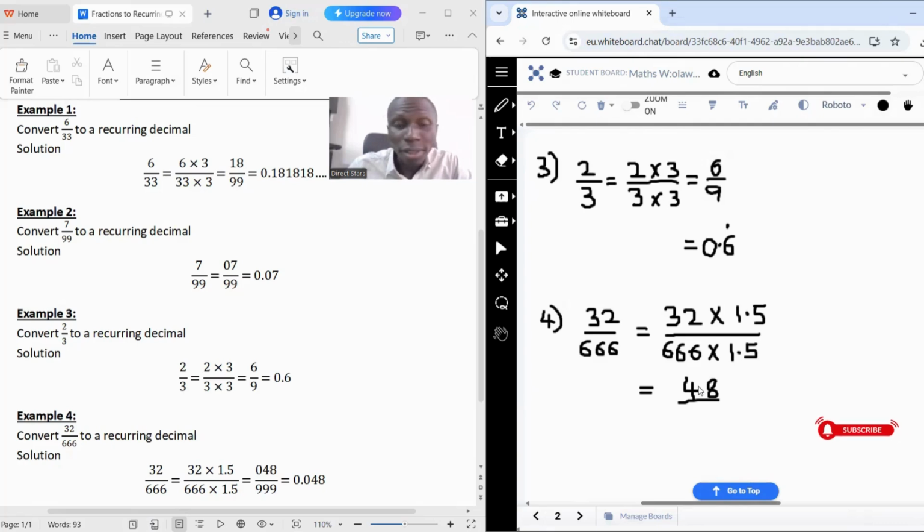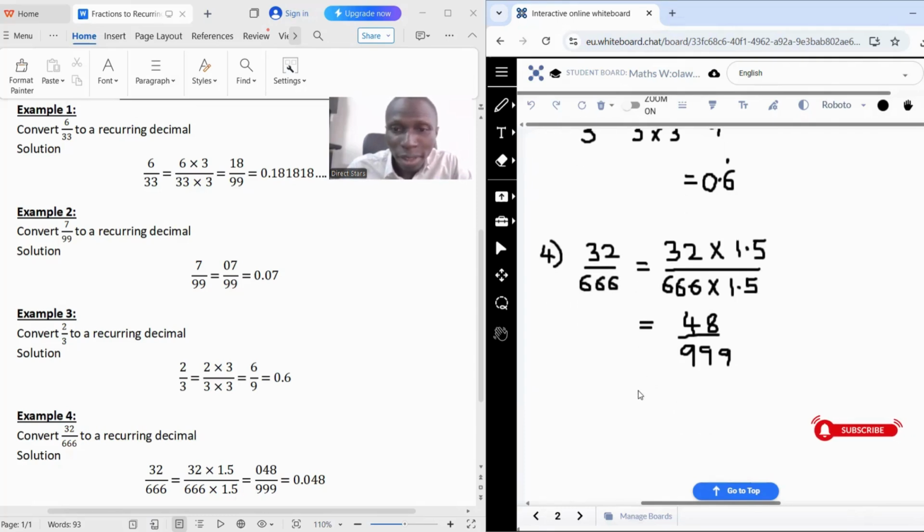Then we have 666 times 1.5, we're going to have this to be 999. Now, if you look at the digits that we have in the numerator, we have 2 digits, while in the denominator we have 3 digits. But we have to make sure that they have exactly the same number of digits.